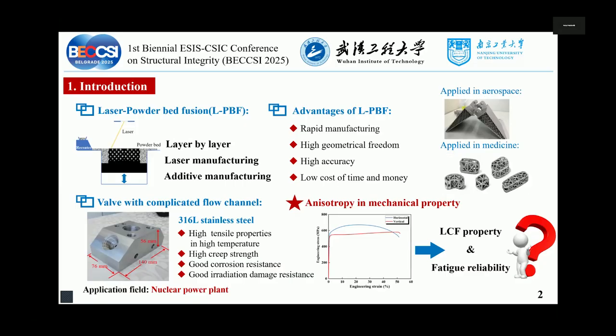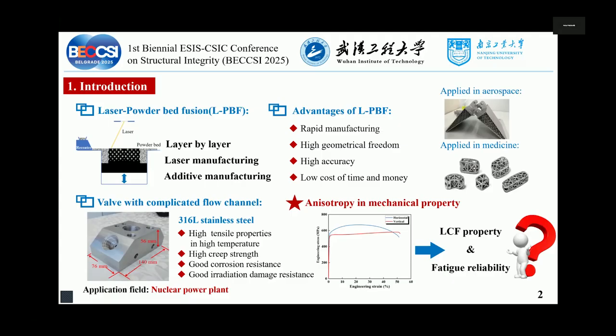But we all know that additive manufacturing material has obvious anisotropy in mechanical properties. This is a tensile curve for different build directions. The strength and the elongation are different.